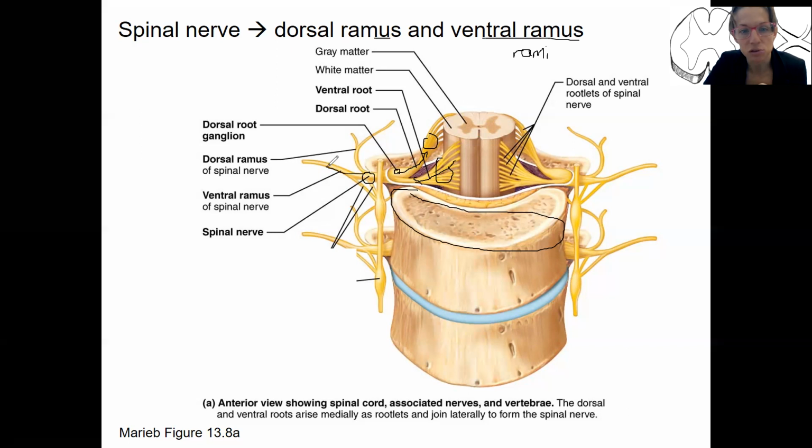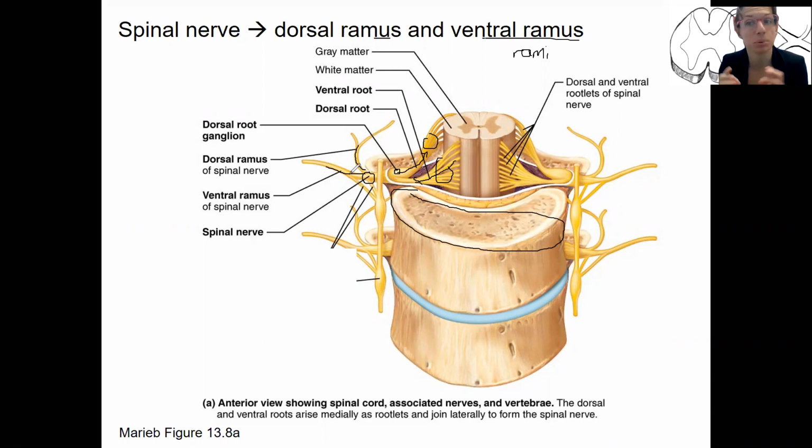So here is the ventral ramus, and here is the dorsal ramus, which of course is going to be going to the dorsal, the backside. The ramus just means a branch. So here's the roots and here's the branches. Right now, again, they're just splits. The information is splitting into two.